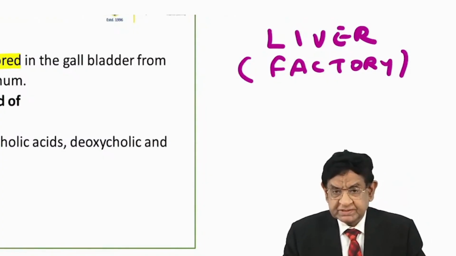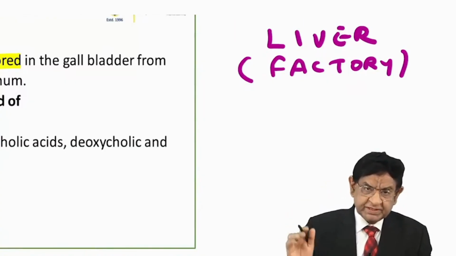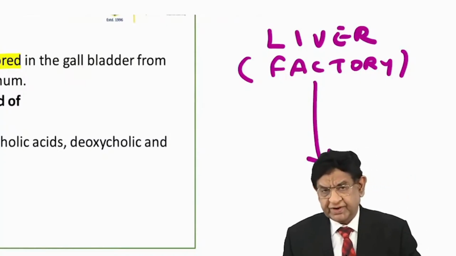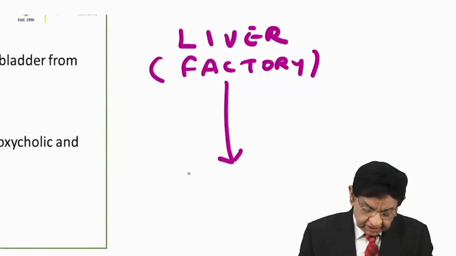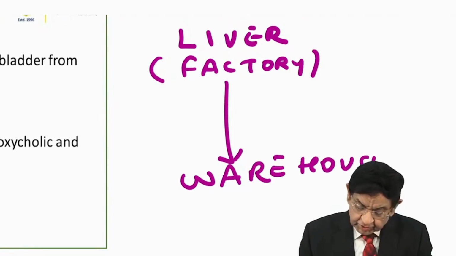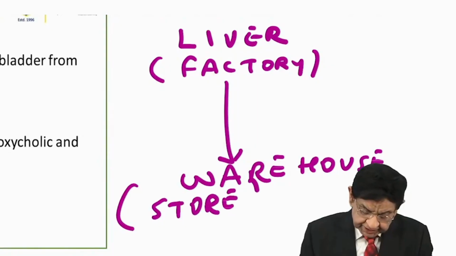The manufacturing unit is the liver, and whatever has been manufactured in the liver goes, like in any ordinary factory, to the warehouse.